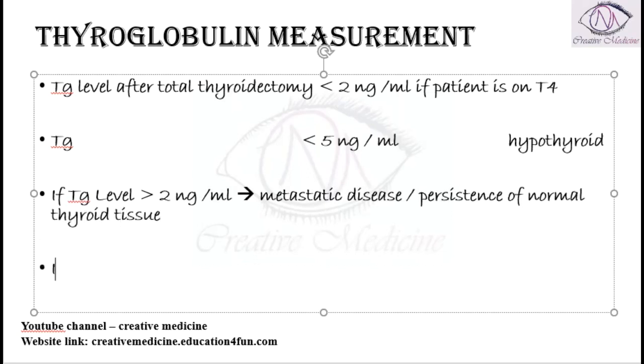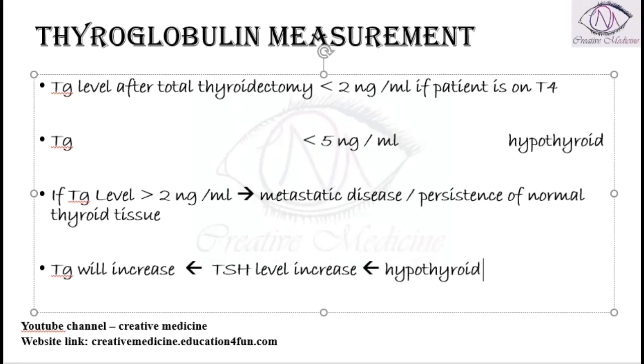is seen. One more important thing is if TSH levels increase, thyroglobulin will increase. When is an increase in TSH level seen? It is seen whenever the patient is hypothyroid.